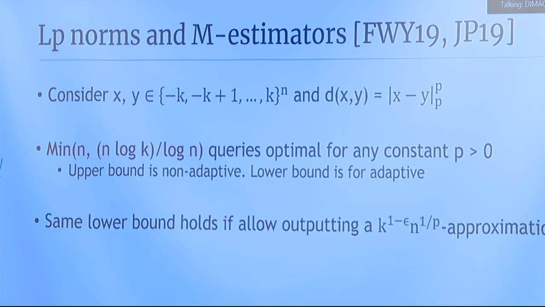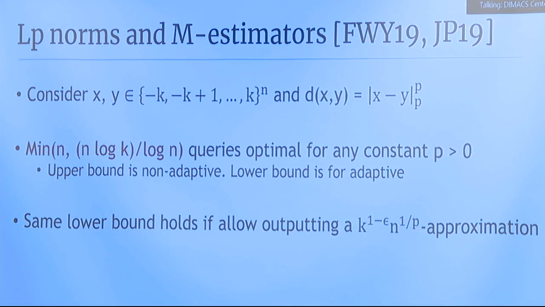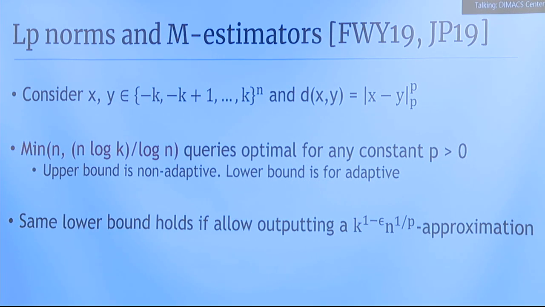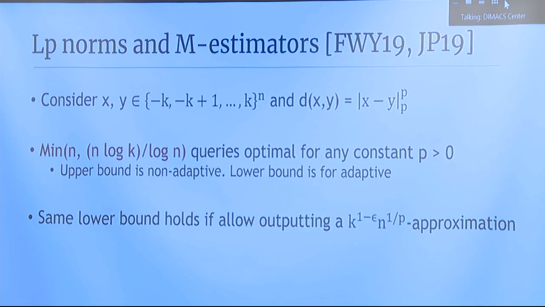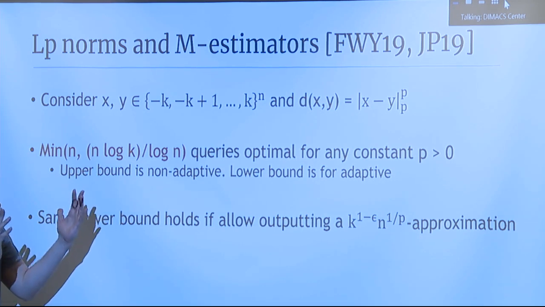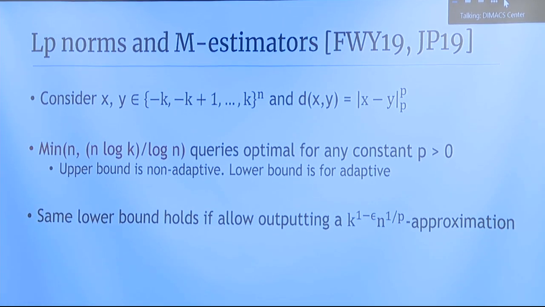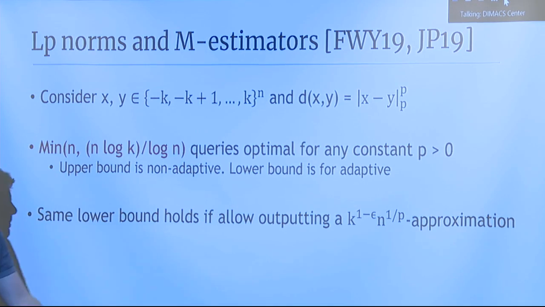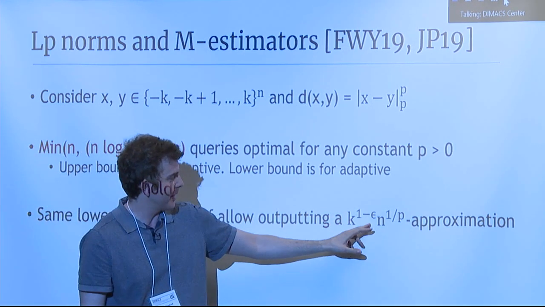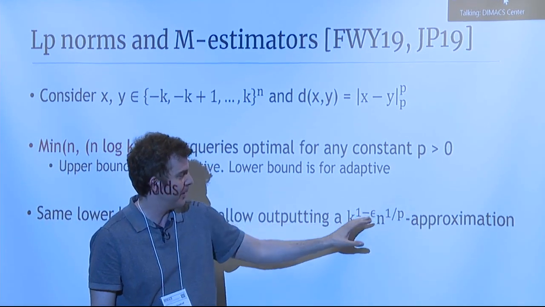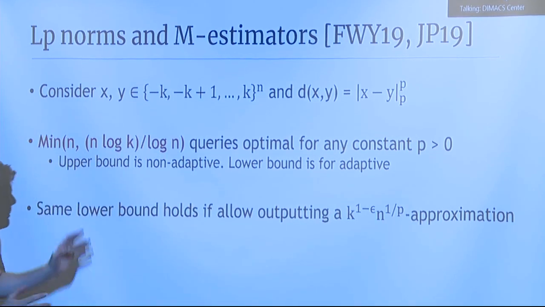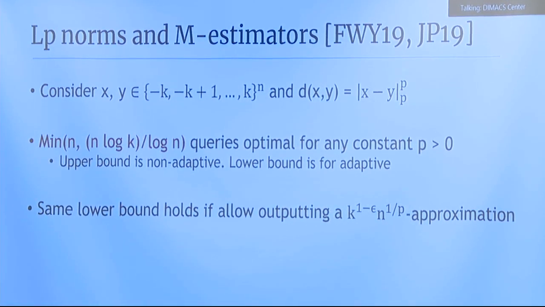In fact, the same lower bound holds even if, instead of outputting the actual secret, you just get close to the secret. So it's really hard to approximate the secret in this setting. Even if you ask for an approximate secret which has LP distance at most k to the 1 minus epsilon times n to the 1 over p, where epsilon is a constant, the same lower bound still holds up to constant factors.